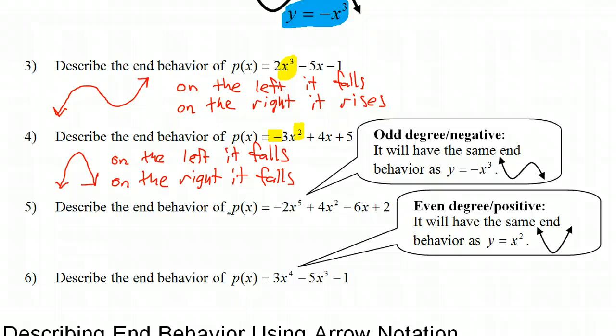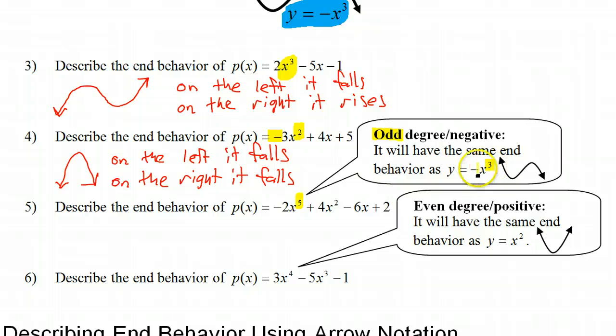Well, it turns out that all odd degree functions have the same end behavior. So it doesn't matter that this is a 5. What matters is that this is odd. Because it is odd degree, it's going to have the same end behavior as a cubic.